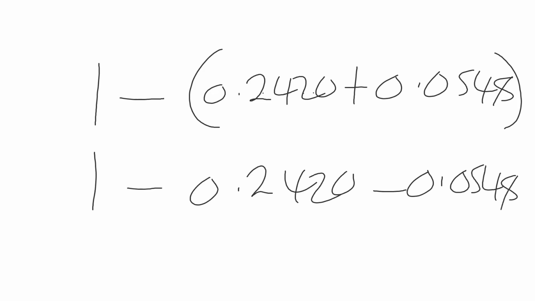You would have distributed the negative. It should give you the same answer. What do you get? 0.7032. Yes, that's what we found. You're fine now? I'm fine, sir. We are good to go.